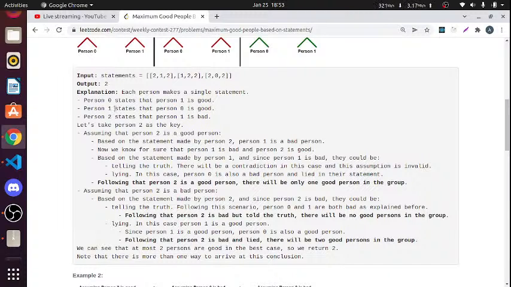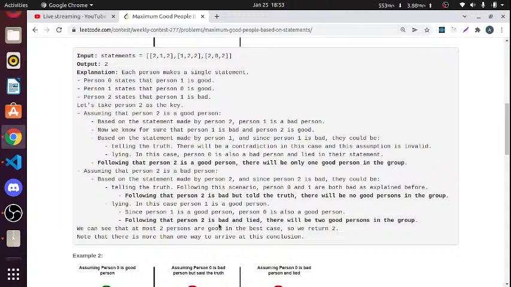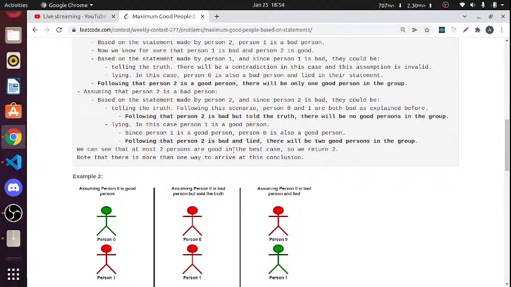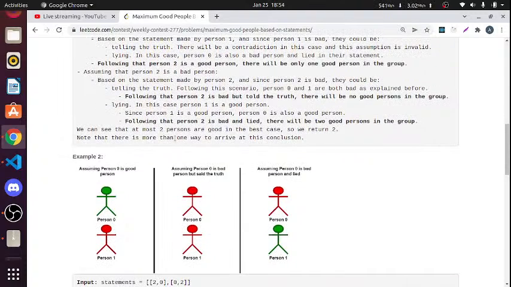So it is bad and he is saying the truth, then the others are also bad, so no one is good. Following that, person 2 is bad and lied, then this one is good, and this one is good, so 2 are good. So we see at most 2 are good in this case, so we return 2.